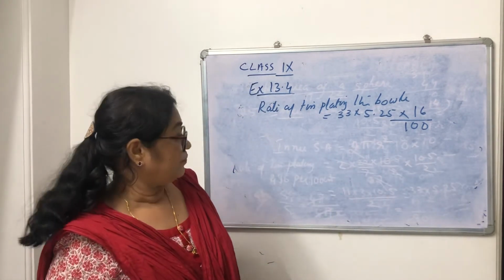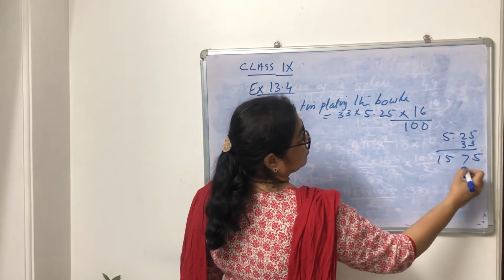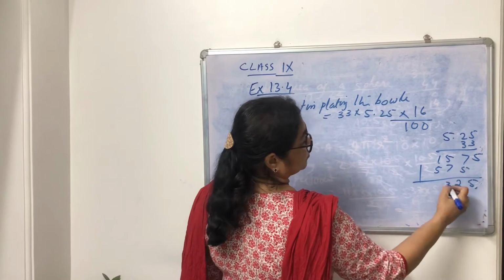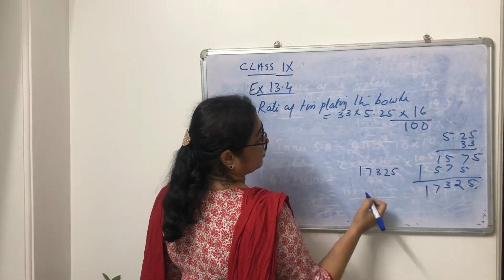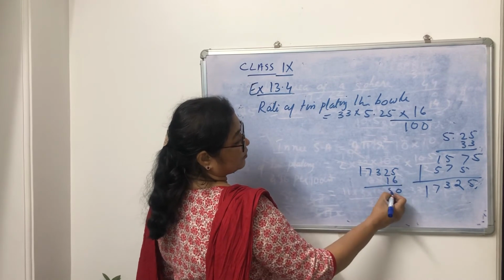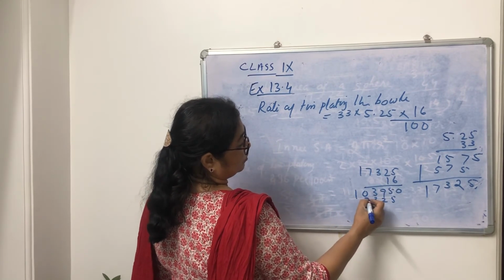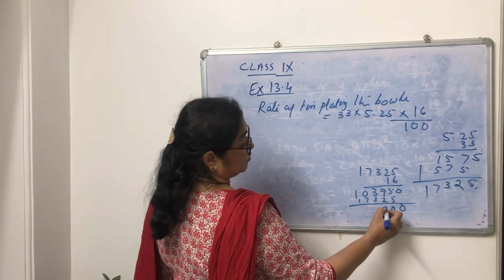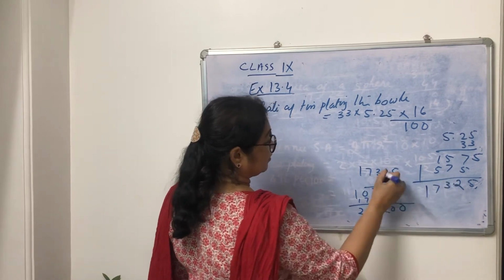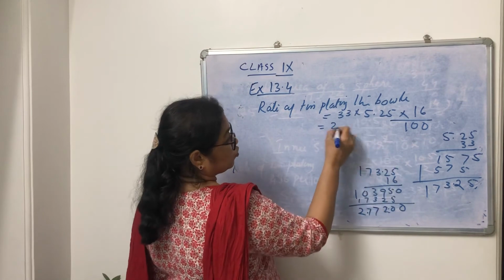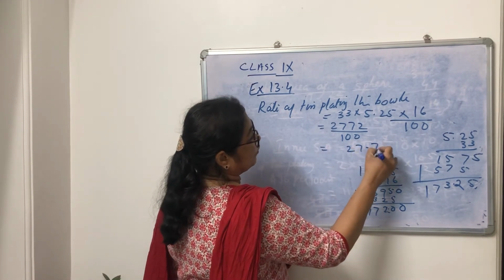So you have to multiply only. See 5.25 into 33, into 16. 17325 into 16 is 2772 by 100, so it is 27.72 rupees.